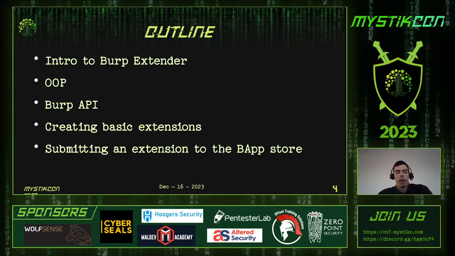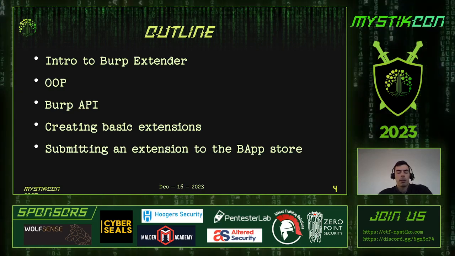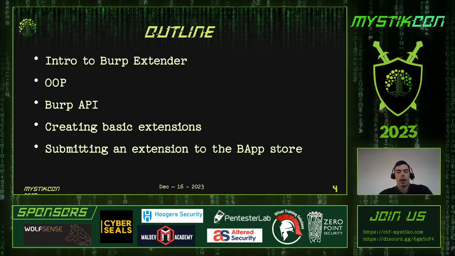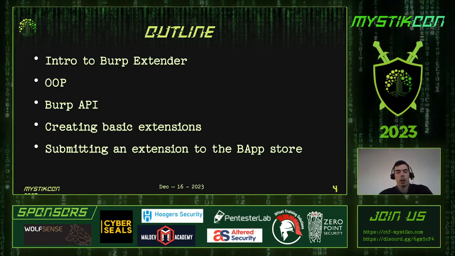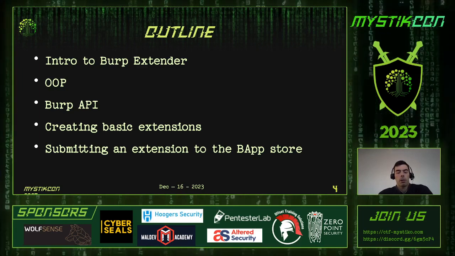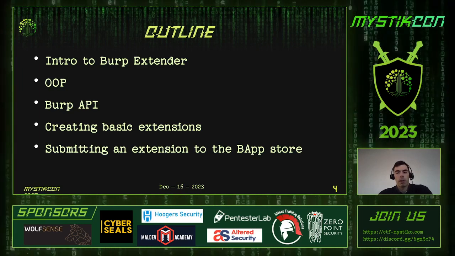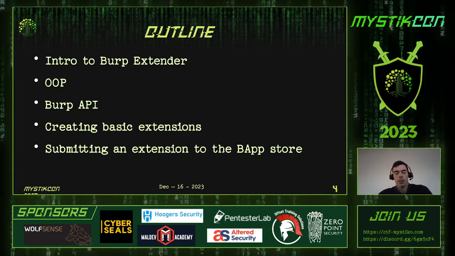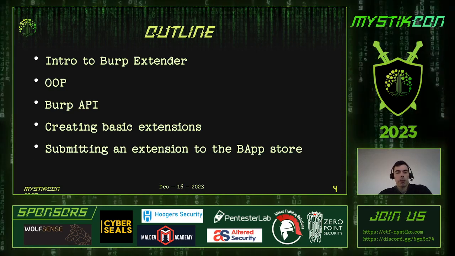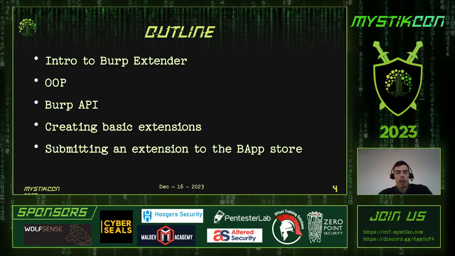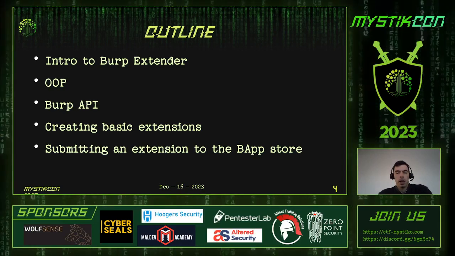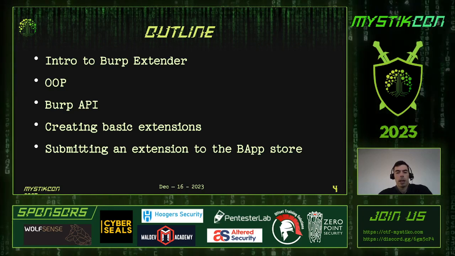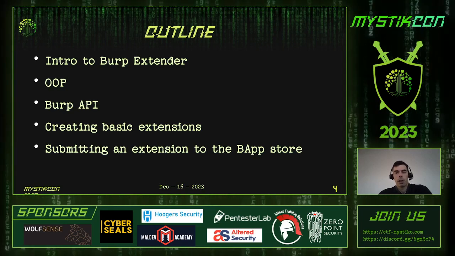Then we will have a look at the Burp API itself and the two versions that there are, and I will justify why I am using the old one. And then we will go through some examples where I will show you what it takes to create the most basic possible extension, as well as complicated with more advanced features like graphics. And finally, I will give some tips if you are planning to submit your own extension to the App Store.